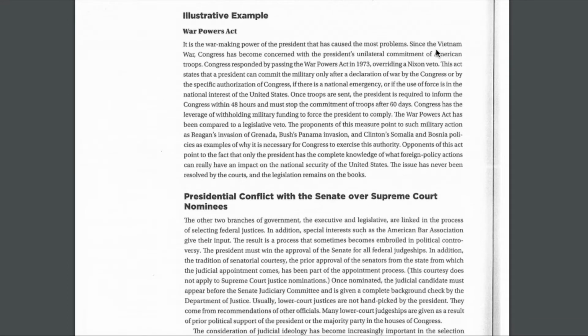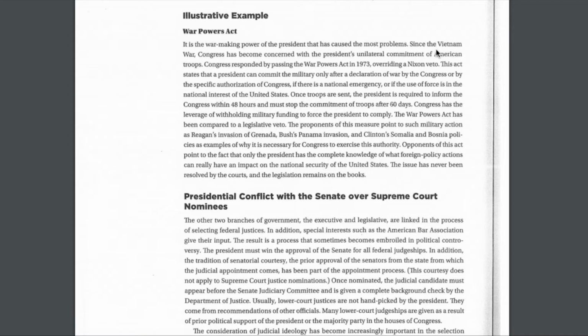One of the things that gets brought up a lot on AP tests is the War Powers Act, the back and forth between Congress and the president's role as commander-in-chief, and Congress's role or ability to go to war. The president can put troops in harm's way.